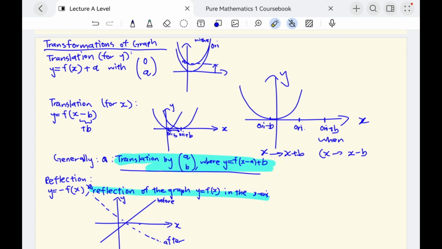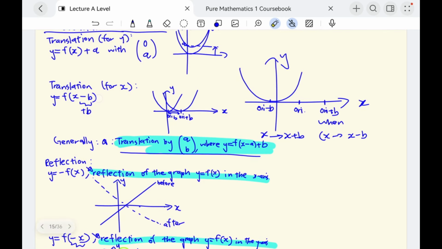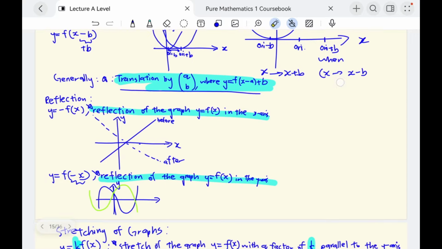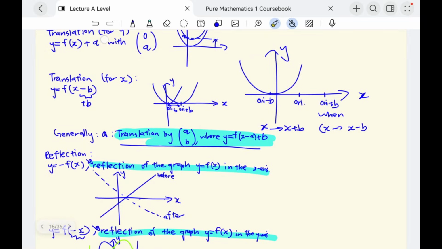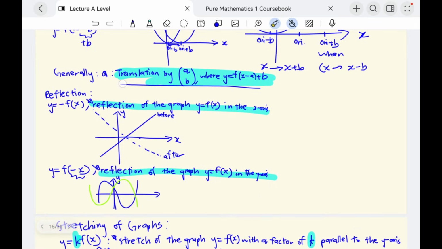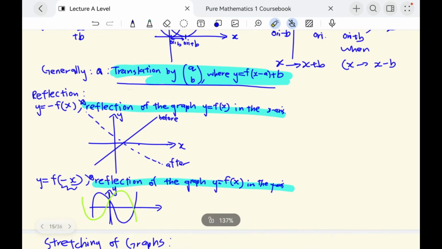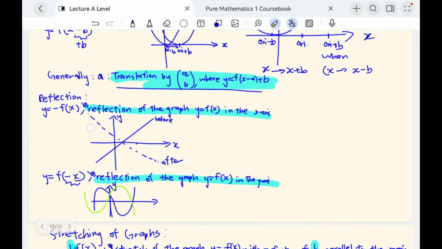So please memorize this. This is essentially important. If you do not understand enough, later I will use Desmos to demonstrate to you, to let you further understand.